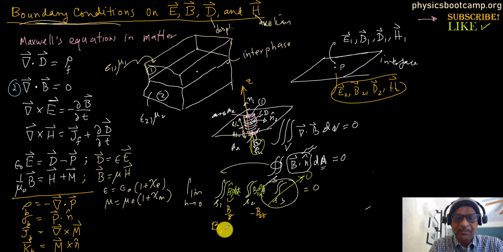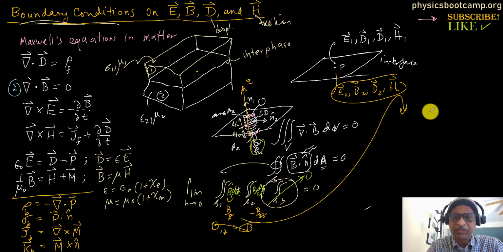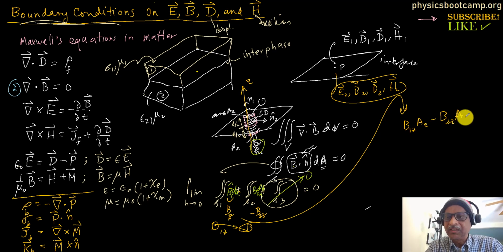So it says the B1z has to be equal to, oh no, let's do the whole thing. So this will be B1z times area at the edge minus B2z times area of the edge equal to 0, and area of the edge is 0.